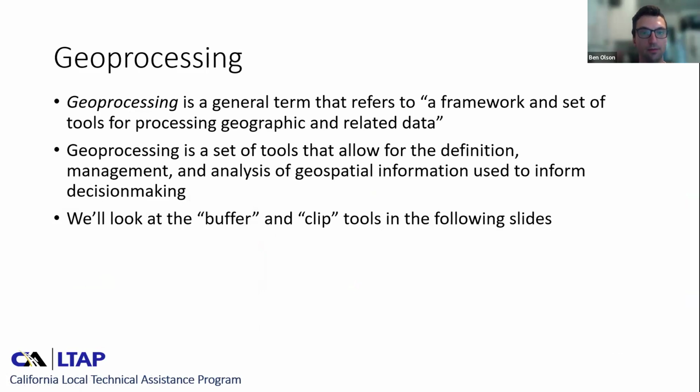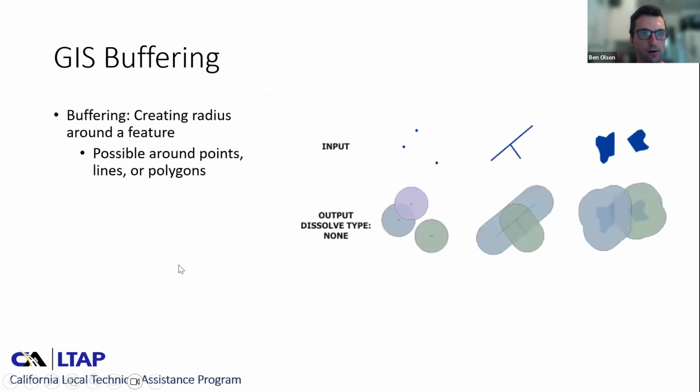There's a whole variety of geoprocessing tools available in GIS software like ArcGIS Pro. I'm going to overview the buffer and the clip in the following slides just to show you how some basic analysis is done with GIS data using these geoprocessing tools.